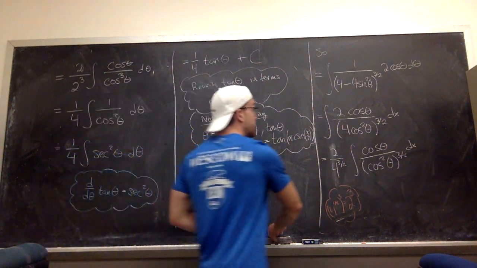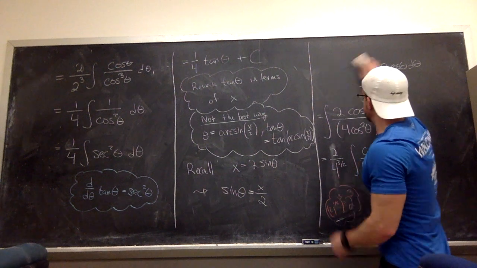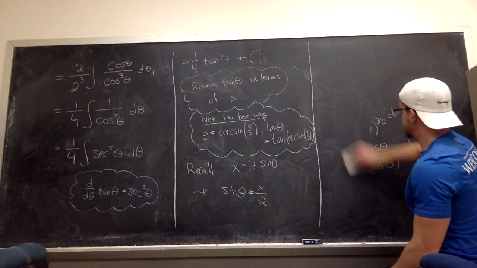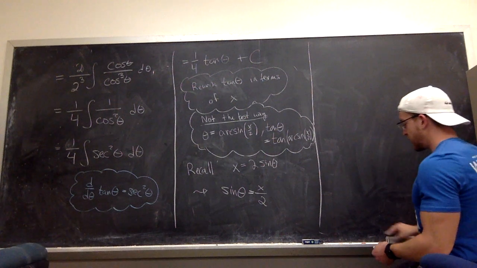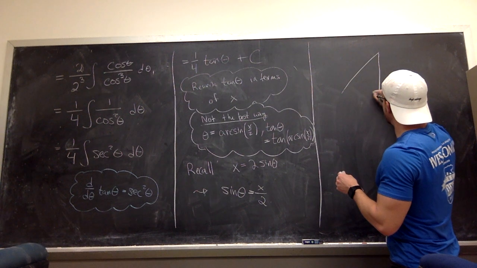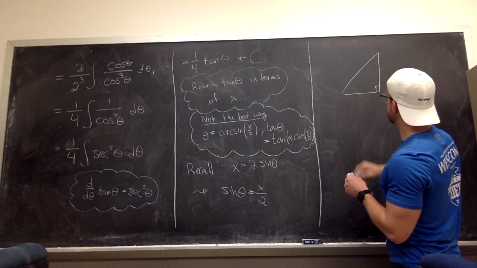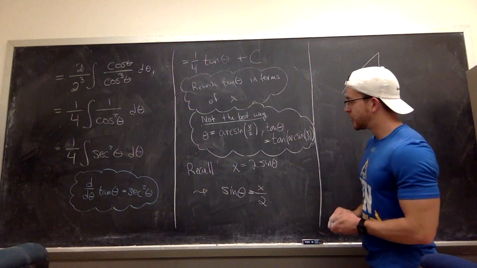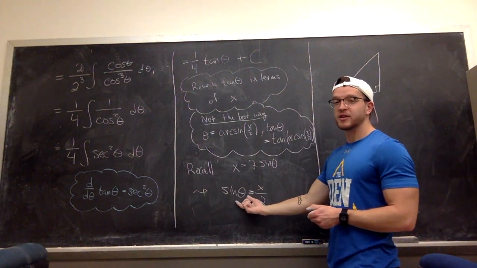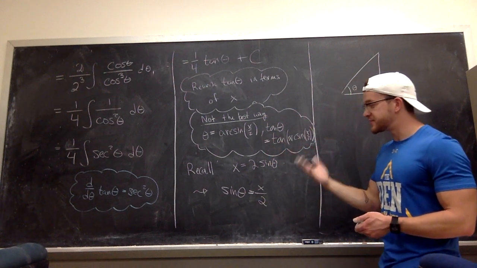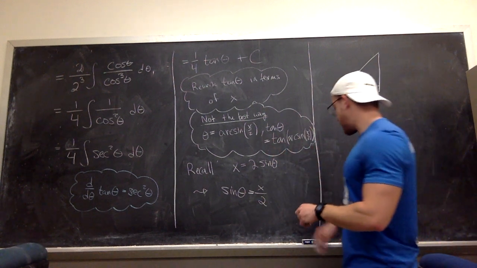Okay, what's the point? The point is that if I draw a right triangle with angle theta, what does sine of the angle represent? SOHCAHTOA: sine is the opposite over the hypotenuse.